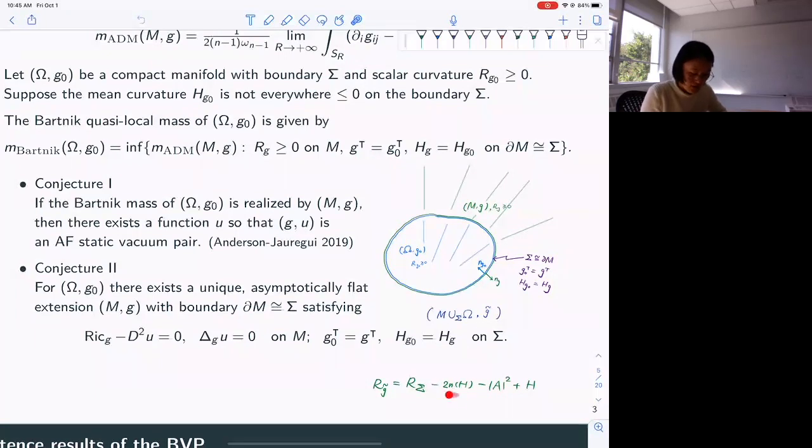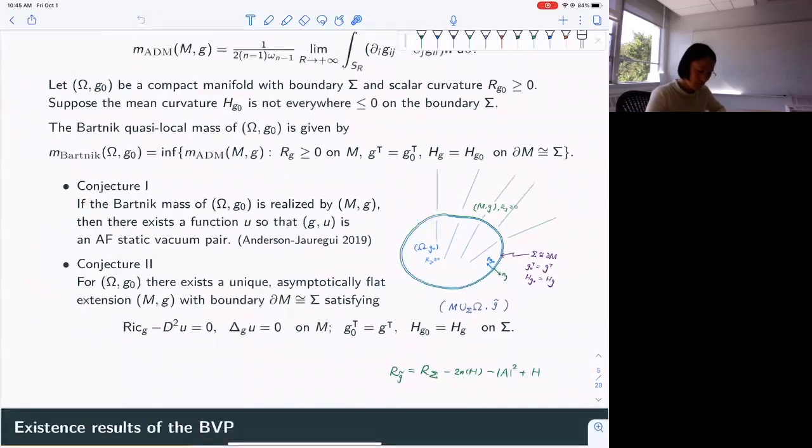And this leading order term is the normal derivative of the mean curvature. For this term to be distributionally well defined, the mean curvature should be at least C⁰ across the boundary. So that's the reason we have the second equation in the Bartnik boundary condition.